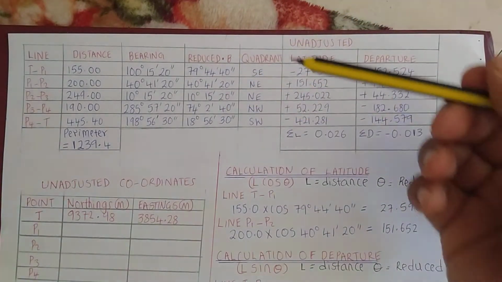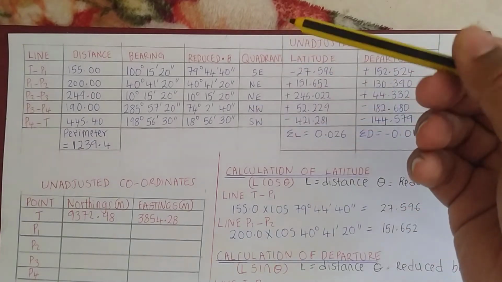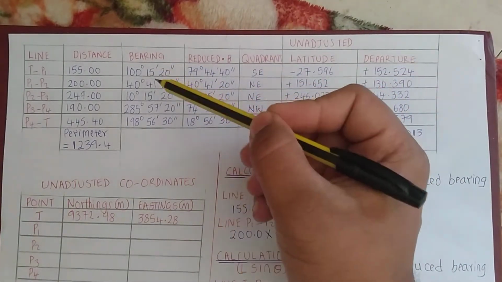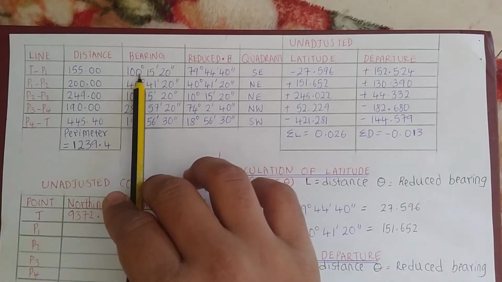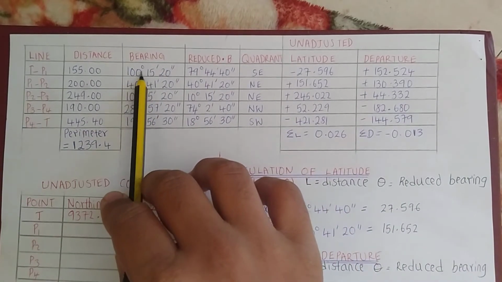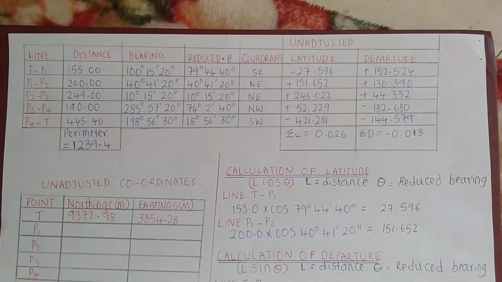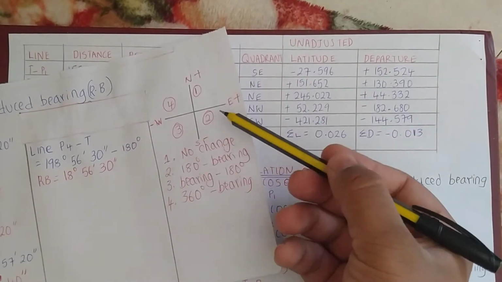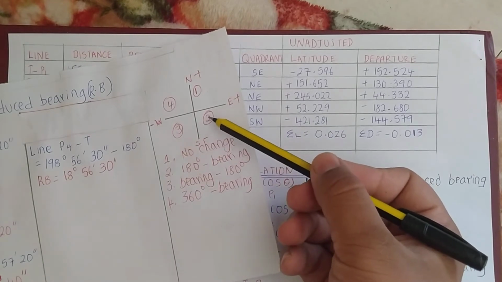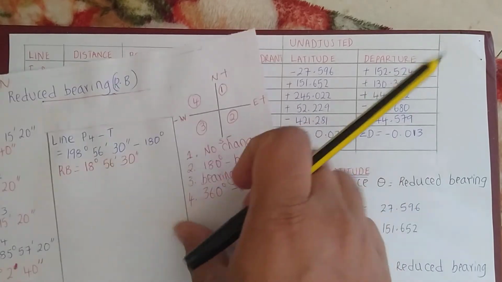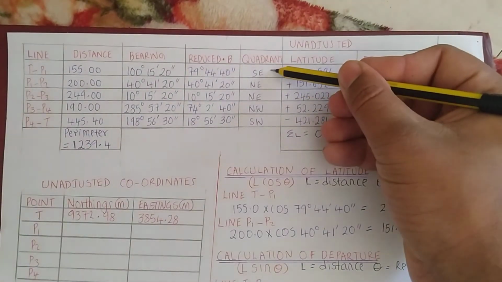When you want to know the quadrant that it falls in, you look at the bearing. We have a bearing of 100 degrees, so it falls in the second quadrant. You can see it over here. The second quadrant is southeast, so I have named it here southeast.